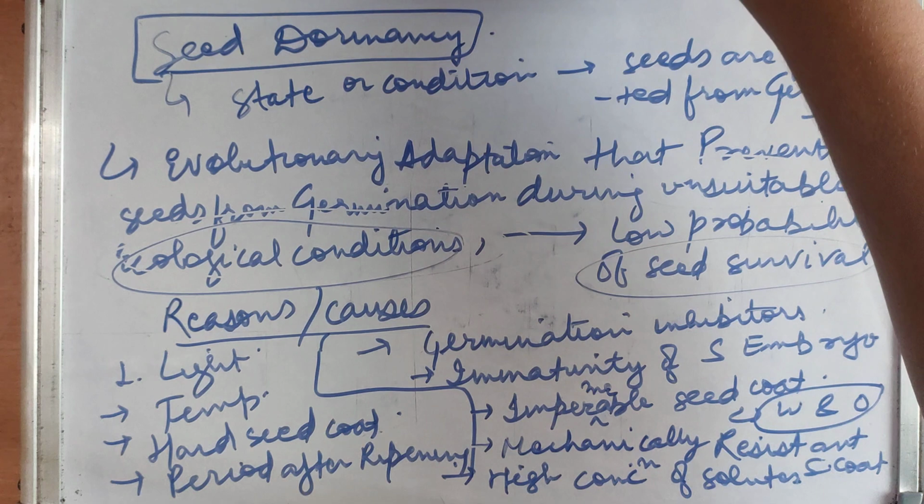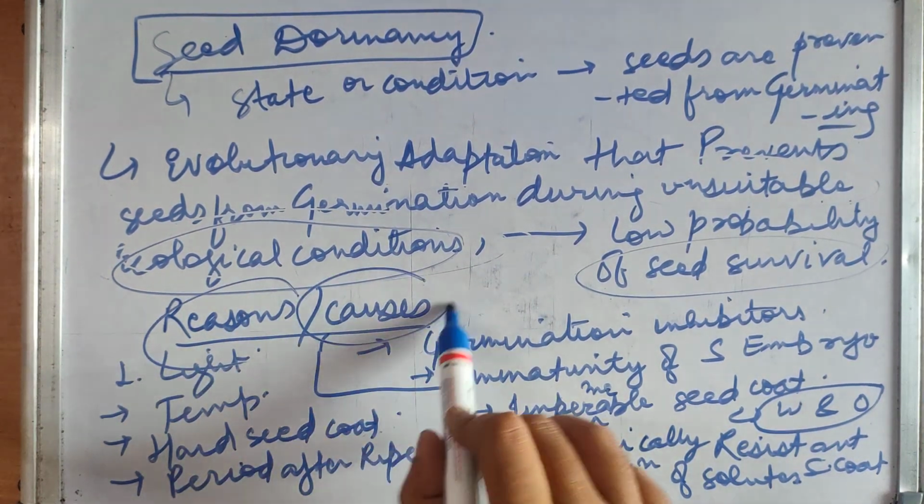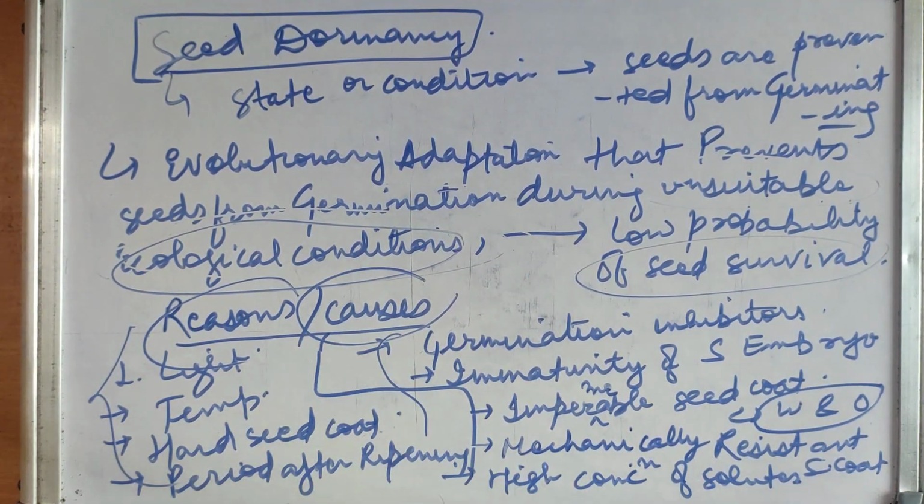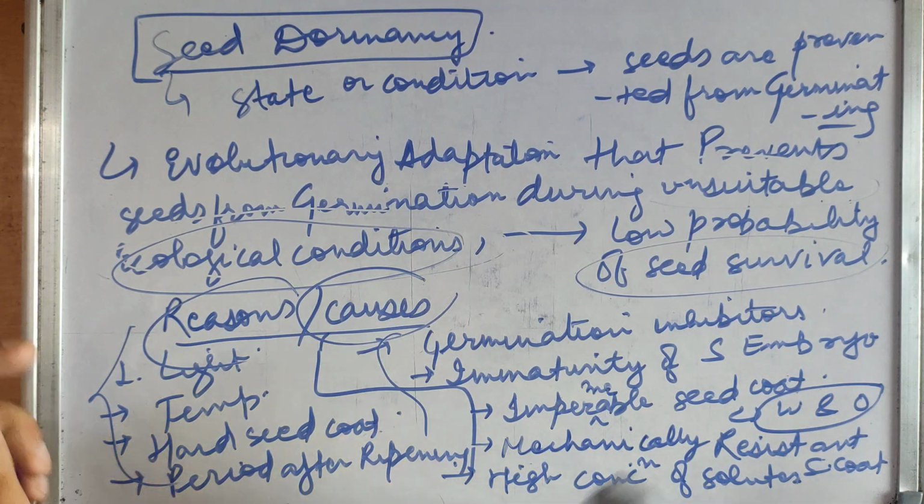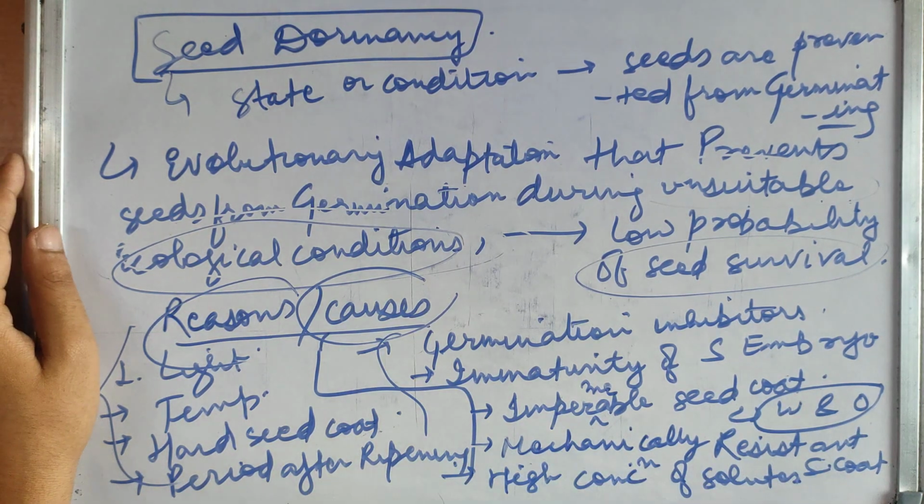So these are the factors, or causes, that lead to seed dormancy: high temperature, germination inhibitors, impermeability. There are many causes. You can know some of them or you can know all of them. So these are the reasons or causes of seed dormancy.